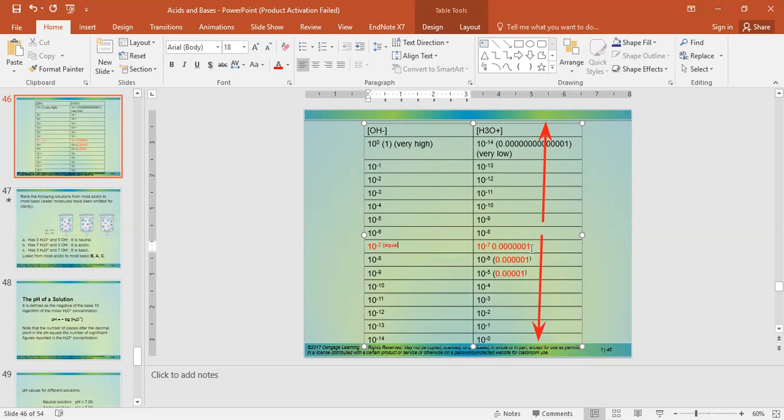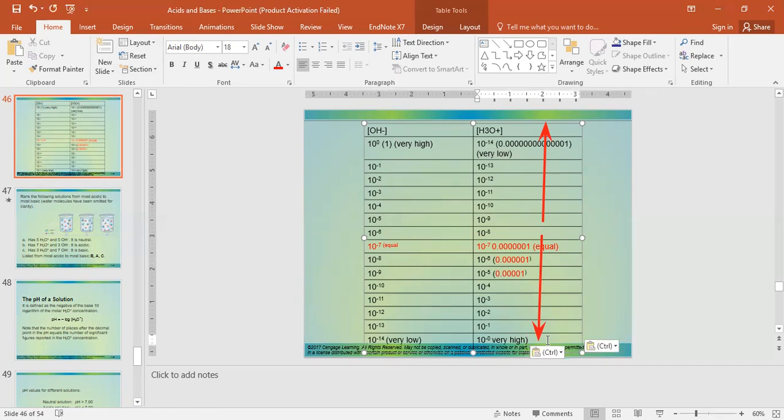They are equal. Also here we write equal. Here it is very low now. Here we can say very low, while on the other side, that of the acid, is very high.